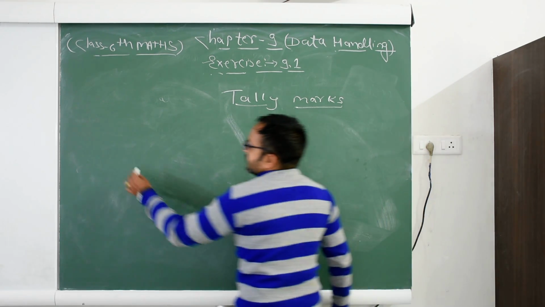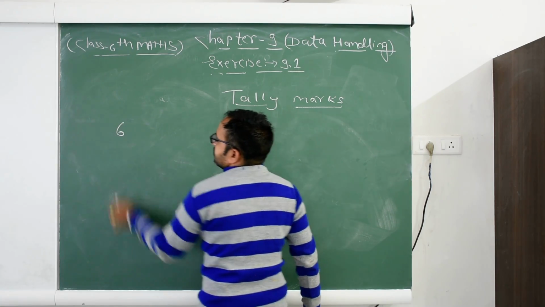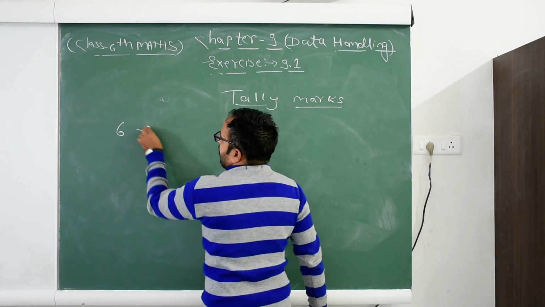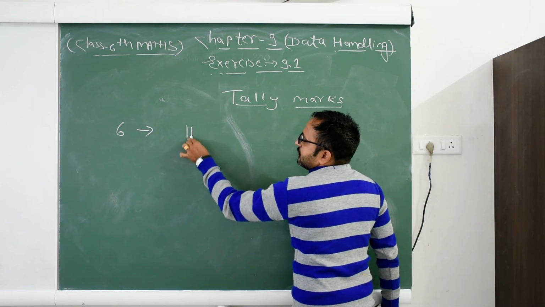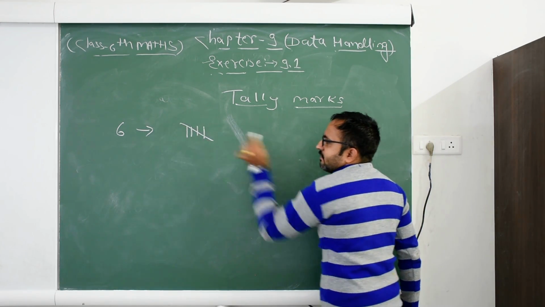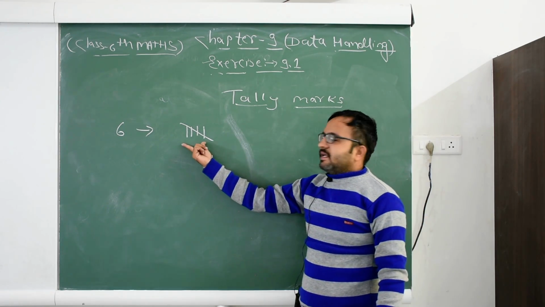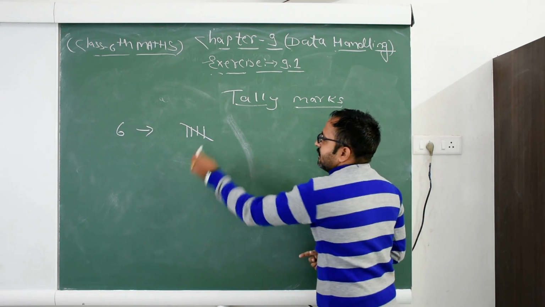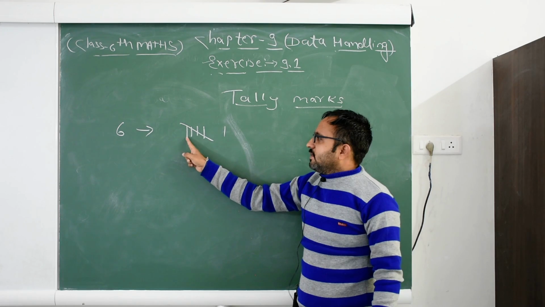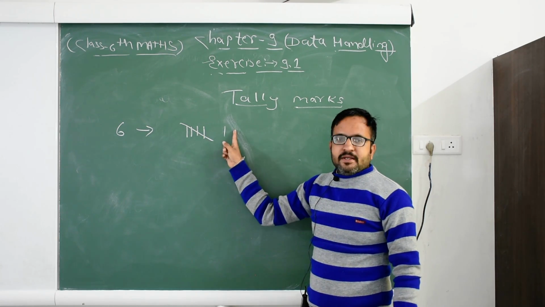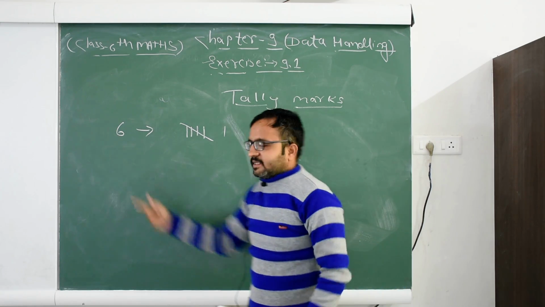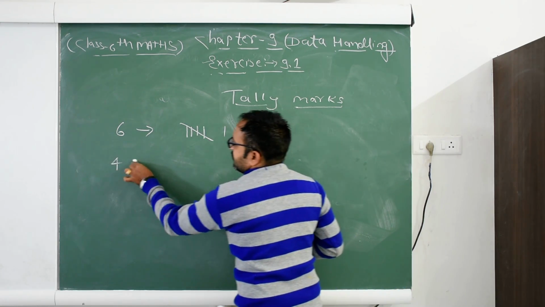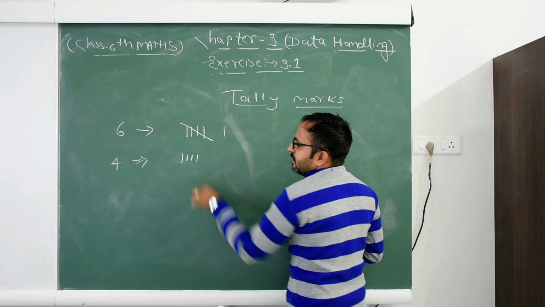So how to represent? If you have number 6, how to represent it in telemarks? So 1, 2, 3, 4 and 5. This is a collection of 5 and 1. So 1, 2, 3, 4, 5 and 6. This is the representation of number 6, okay. How to represent 4? 1, 2, 3 and 4.